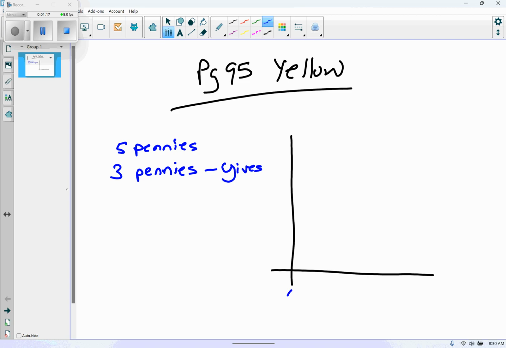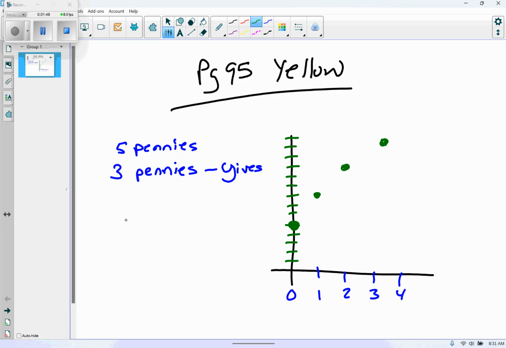So let's just mark this 0, 1, 2, 3, 4. That should be enough. On day 0, she has 5 pennies she puts in there. And then the older sister gives her 3 pennies each day. So it looks like it's growing, right?